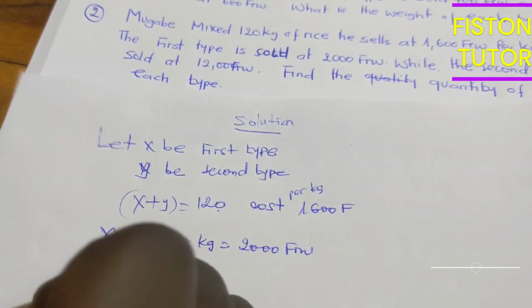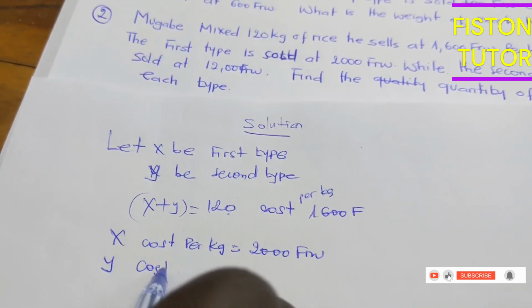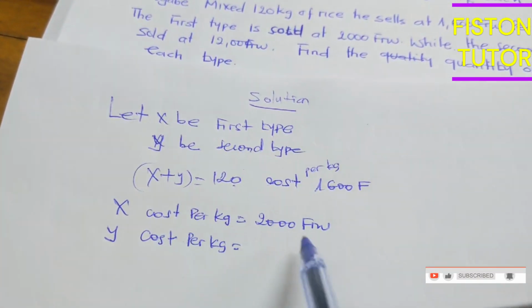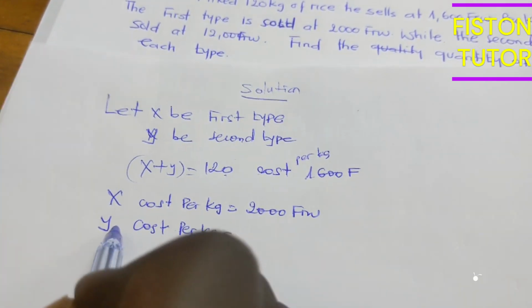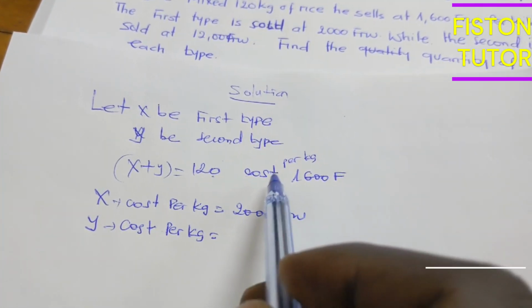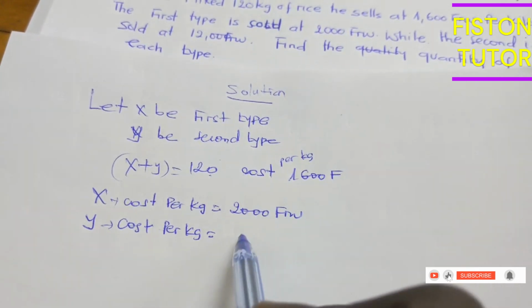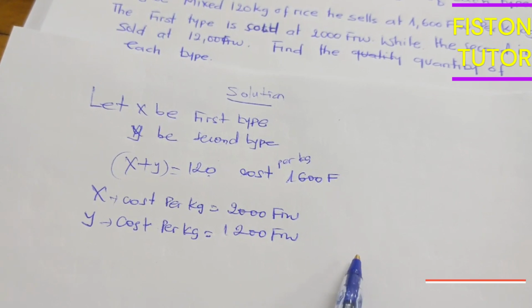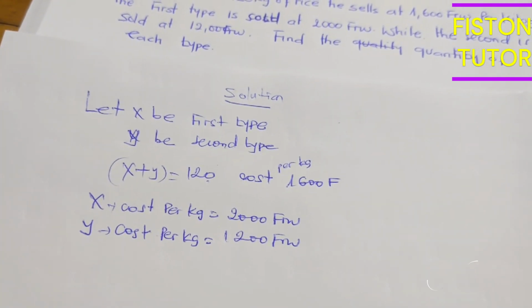While the second, y, cost per kilogram is equal to 1,200 Rwandan francs. Now, find the quantity of each type.